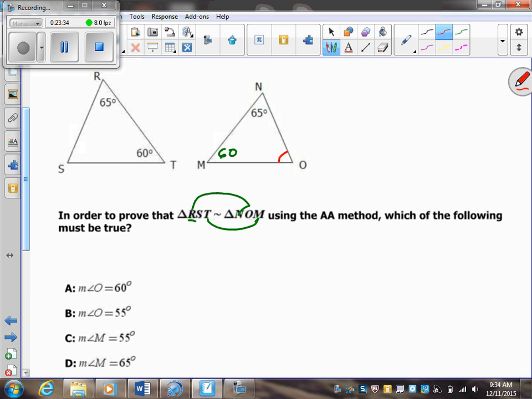That's something you always have to watch for. If M is not 60, don't make O 60. So what we have to do is 60 plus 65, then subtract it from 180, which gives you 55. So O has to be 55, and that's the one you have to pick.